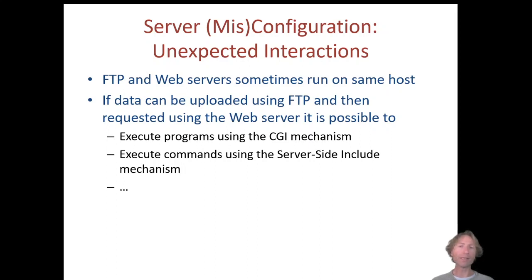If the FTP server may upload files that are then requested via the web server, what you may get is that maybe some of these programs are executable, and then you could perhaps execute them via the CGI mechanism, or you could have the situation that server-side include mechanisms will lead to the execution of commands. And this is just a simple bridge towards the notion of server-side include that we're going to talk about very shortly.